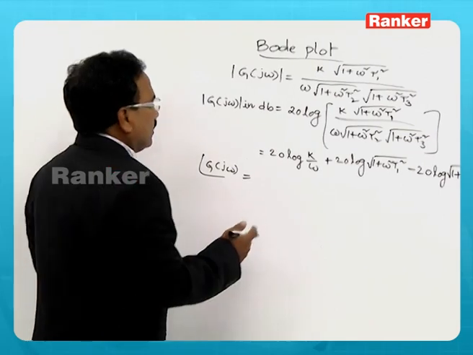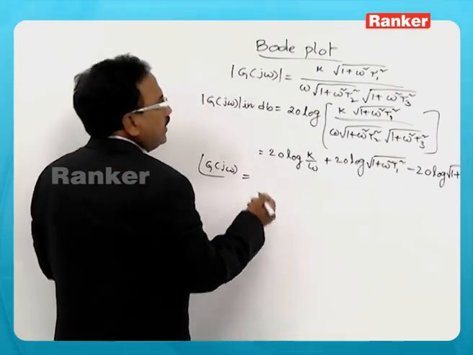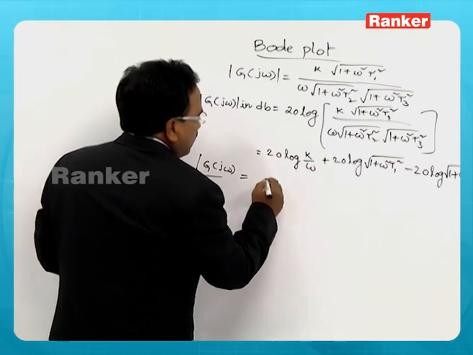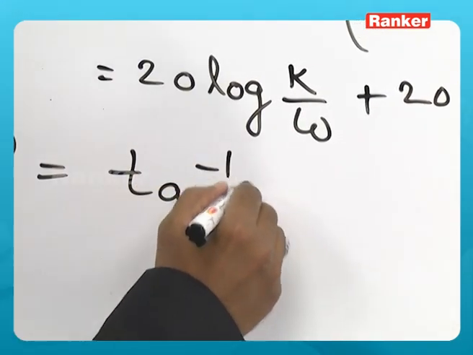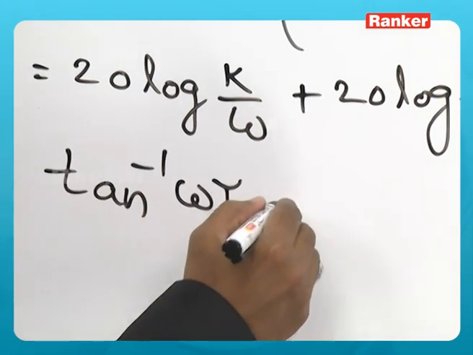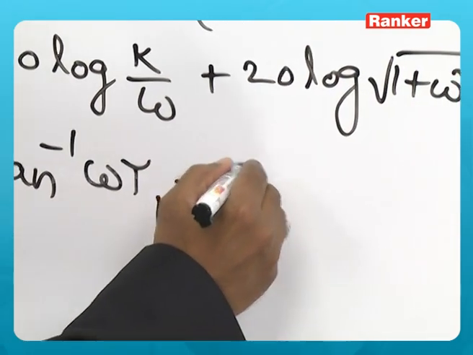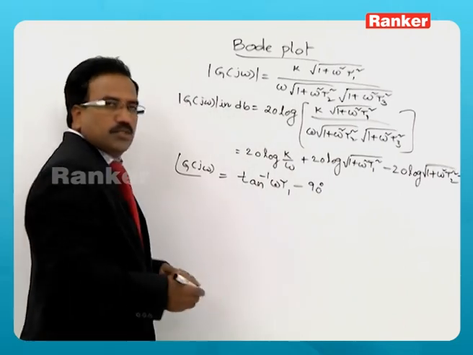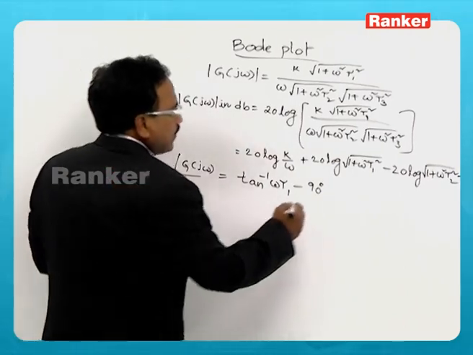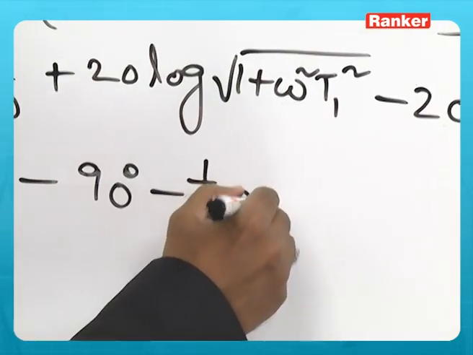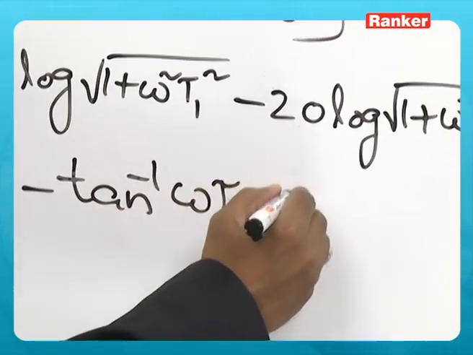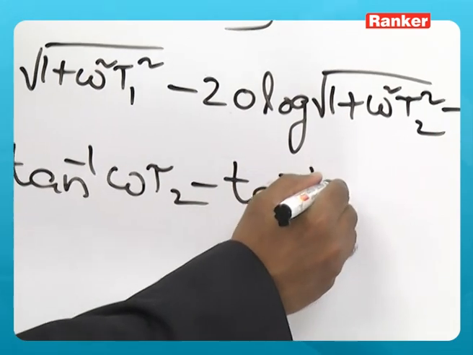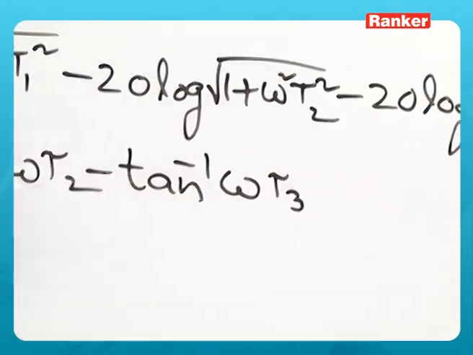Now, phase angle is so simple that g of j omega is equal to all phase angle terms. k does not have any angle, but there is a 0 whose phase angle term is tan inverse omega tau 1, minus 90. There is a pole at origin, minus tan inverse omega T2 minus tan inverse omega T3.